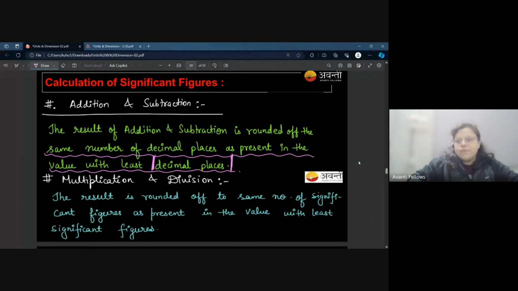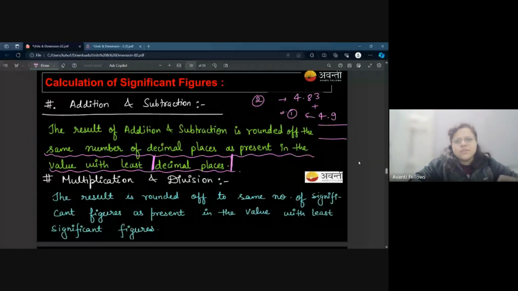For example, let's say I gave you the number 4.83 plus 4.9. Whatever you answer, Meena, you have to go only up to one decimal place, because here you have two decimal places and here you have one. So you will consider the value with the least decimal places, okay?